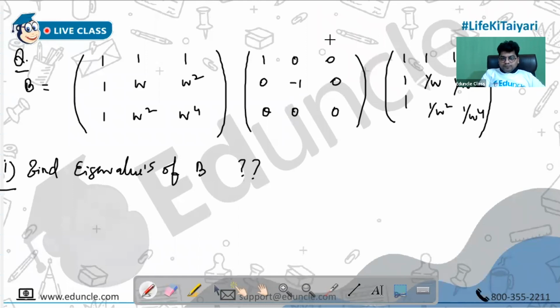You can tell me. Wrong answer. You are saying 1, minus 1, 0. This is a wrong answer. See, first of all, whenever you see three matrices, there is a concept of either diagonalization or similar matrix.